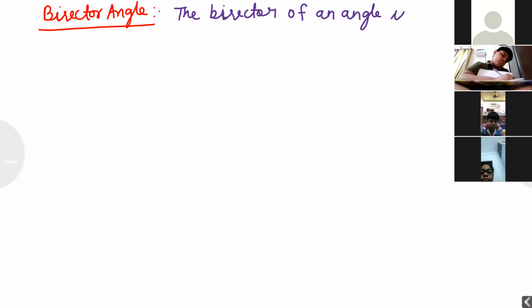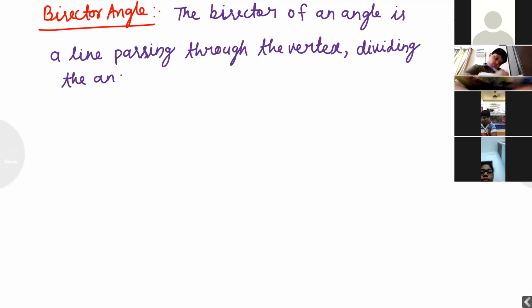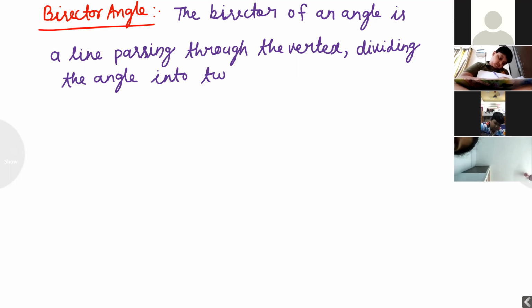is a line passing through the vertex, dividing the angle into two equal parts.